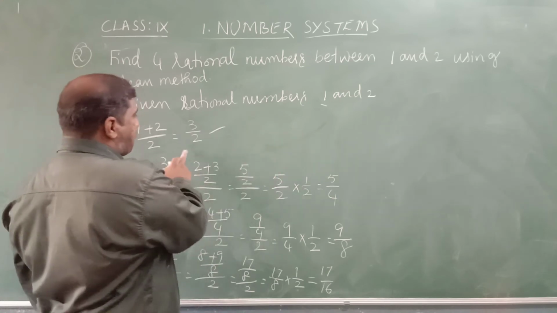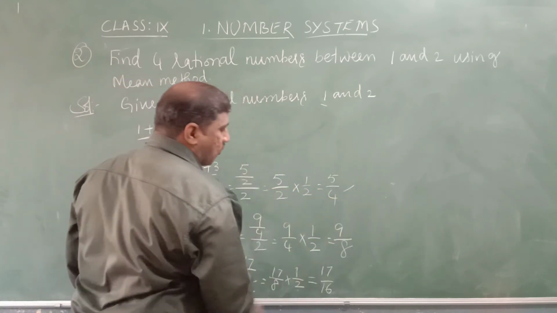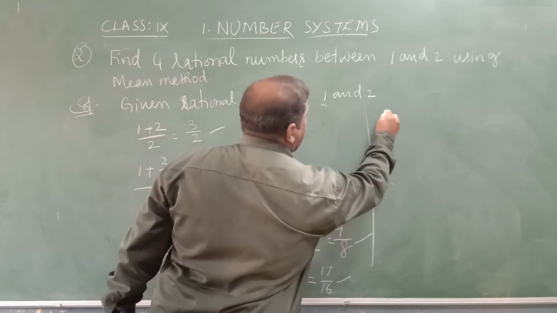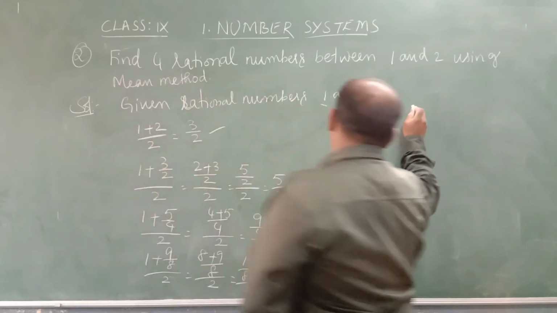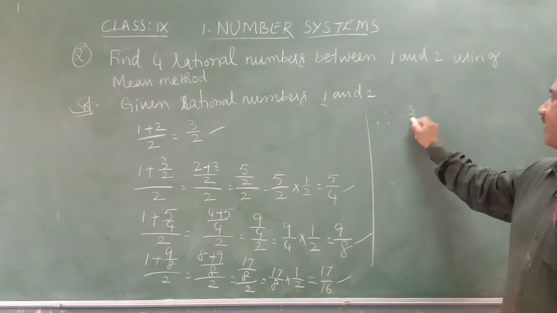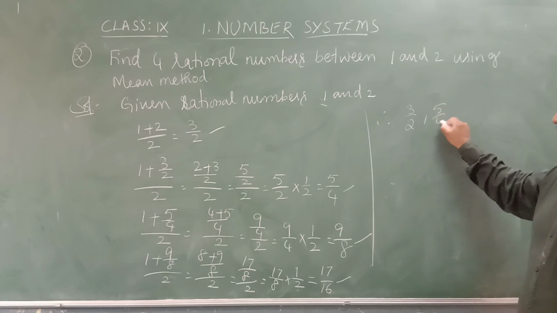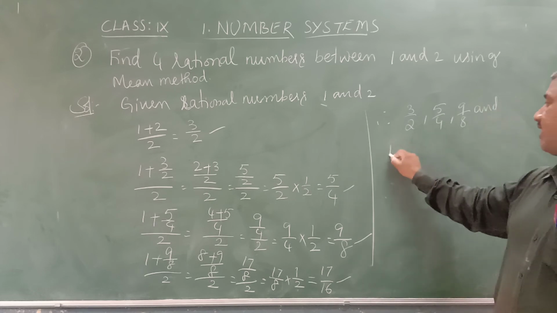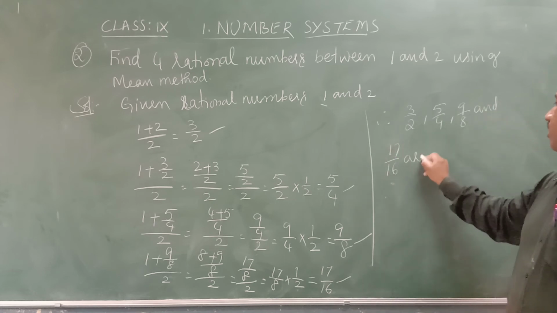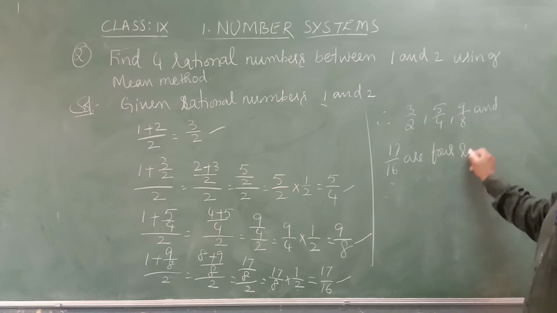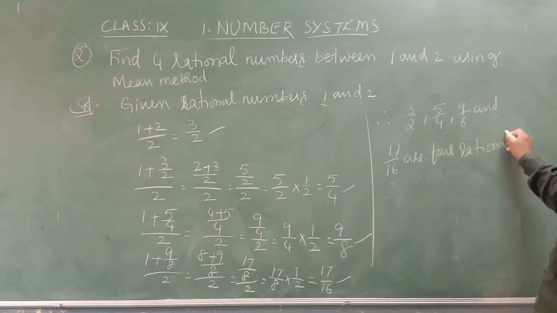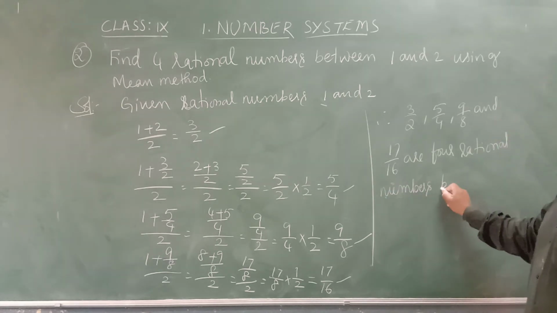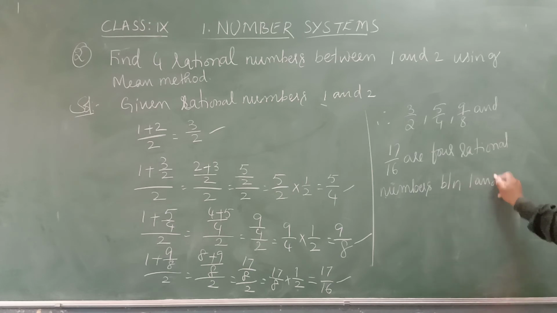Now we got 4 rational numbers: 3/2, 5/4, 9/8, and 17/16. Therefore, these are 4 rational numbers between 1 and 2.